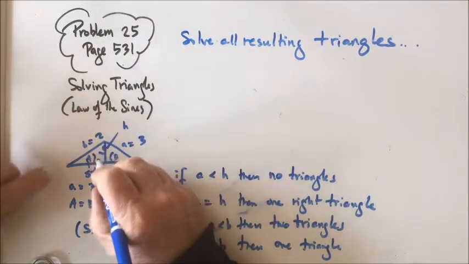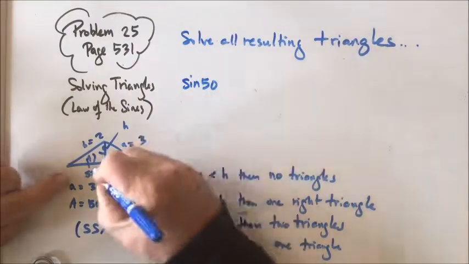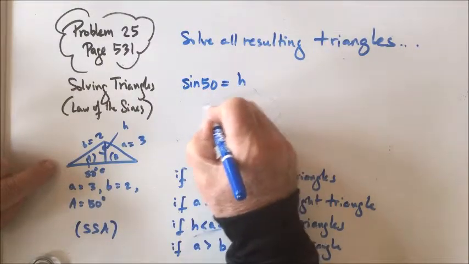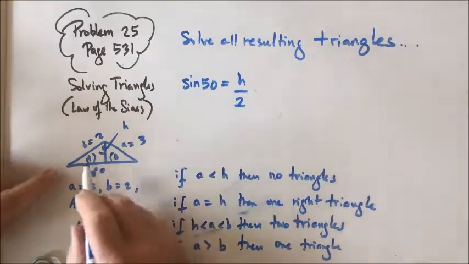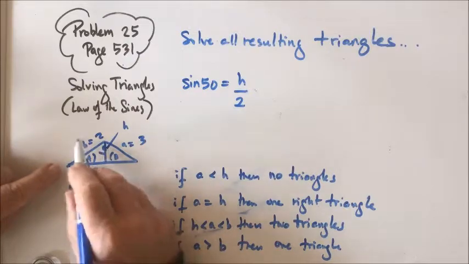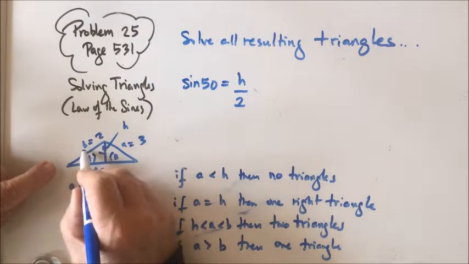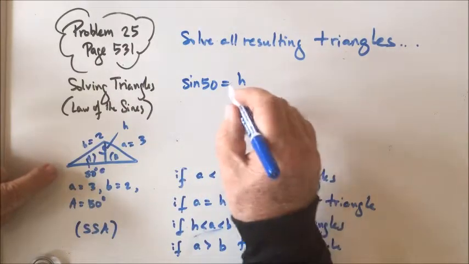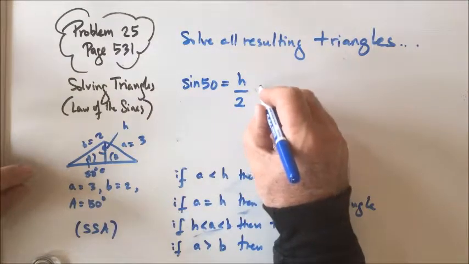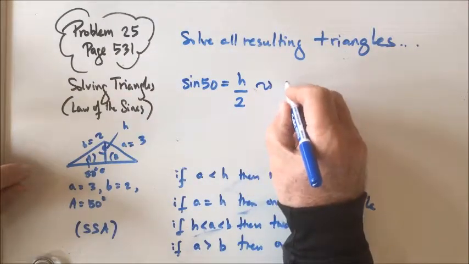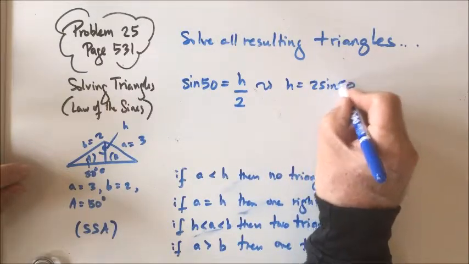I don't know. That height is such that the sine of 50 is equal to H divided by B. I'm going to put it in like that, right? Here's a little right triangle. H, B equals 2, 50 degrees. The sine, the opposite over the hypotenuse, is H over 2, which says that H is equal to 2 sine 50 degrees.